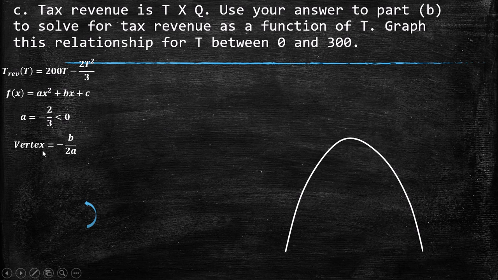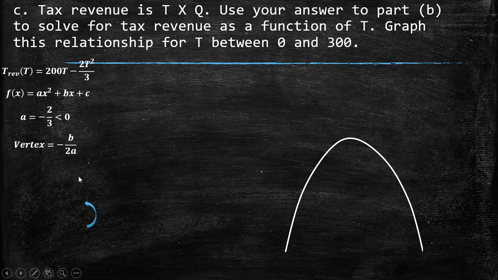So which is the vertex? The vertex for a concave function, or concave parabola, is going to be the maximum. You can do it with derivatives, with mathematics, but because this is economics, we are just going to use the main tools that you really need for this solution. So the vertex is going to be minus b over 2a.